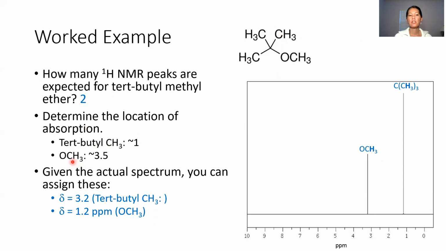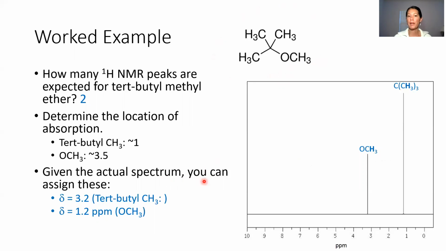The CO with the H's attached to that methyl group will be more downfield, in the 3.5 range. So you should be able to be given a molecule and have a general feel for how many peaks are going to show up and roughly where in that spectrum, 0 to 10, those peaks will show up.